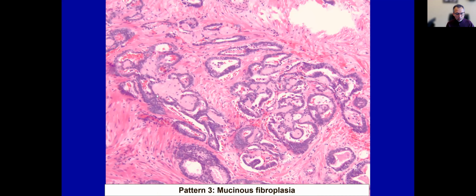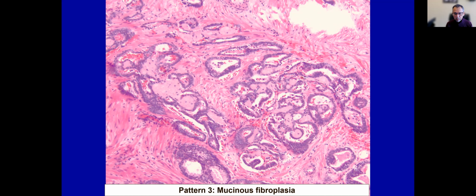Mucinous fibroplasia, we talked about that in the part 1 lecture, that this is one of the specific features of prostate cancer. But this particular feature can sometimes produce complex architectural patterns within the cancer, which can mimic a cribriform pattern. It can mimic fused glands. So when you deal with this particular morphology, you have to extract this feature from your analysis and then grade based on the underlying architecture.